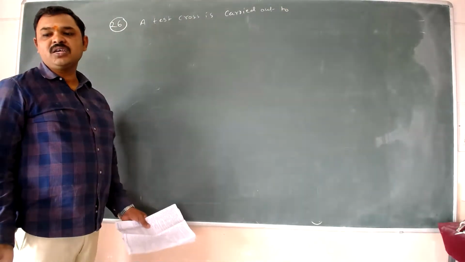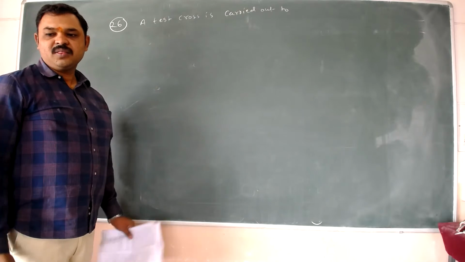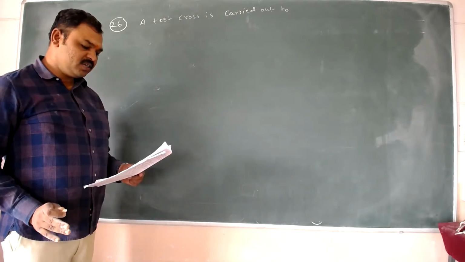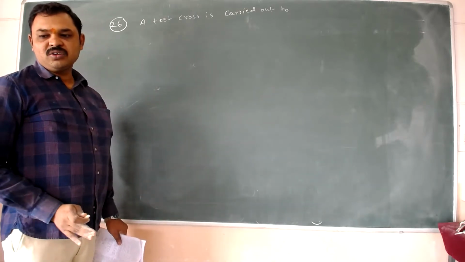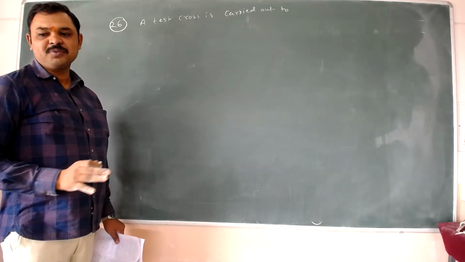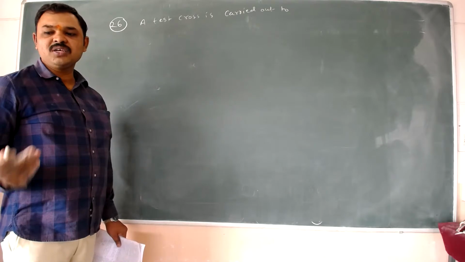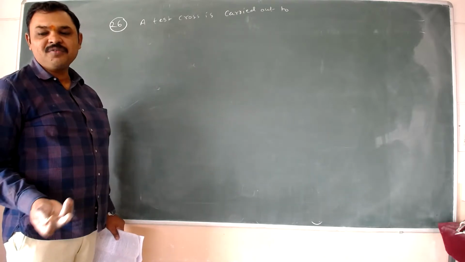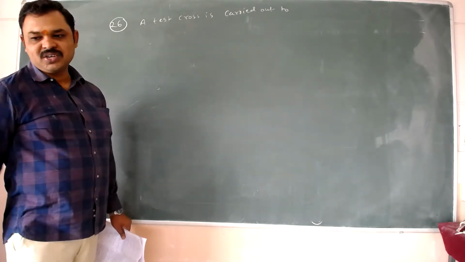To find out the genotype. Given the cross, we look at the offspring that have been produced. To find out the genotype of this offspring, we have to perform the test cross.